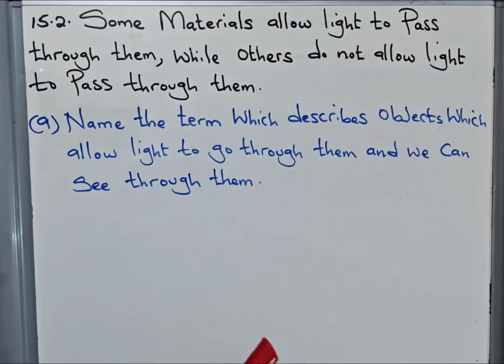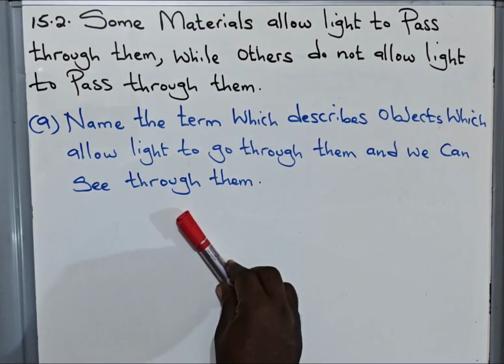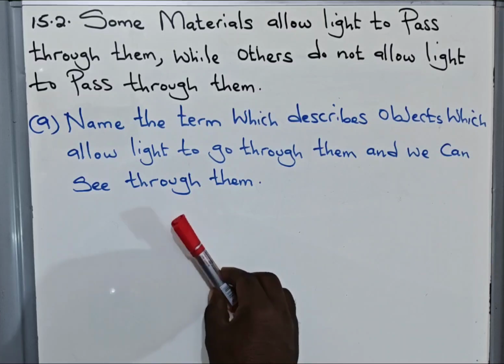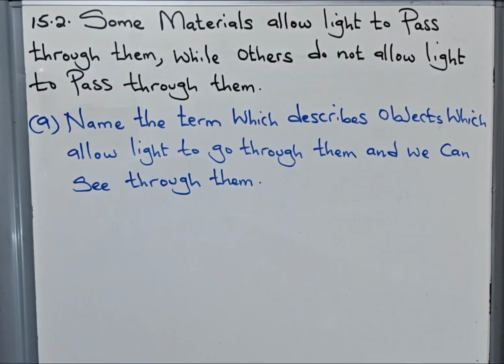How do we refer to these materials which allow light to go through them and we can see through them? What term do we use to describe them? We call them transparent materials.